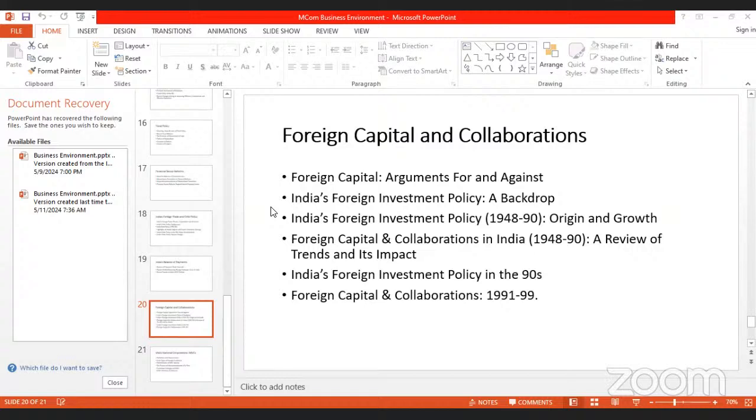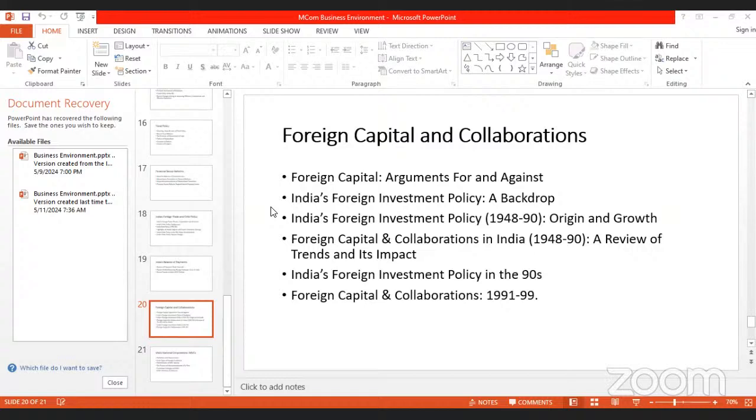The 1990s marked a significant shift in India's foreign investment policy, driven by economic liberalization and globalization. The very first thing was liberalization and reforms. The economic crisis of 1991 led to comprehensive economic reforms, including significant liberalization of foreign investment policies.